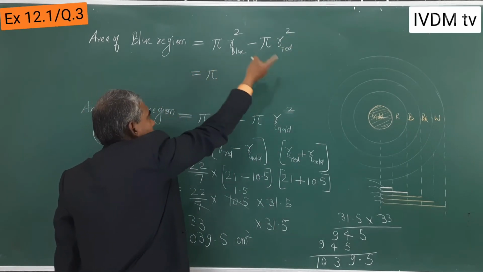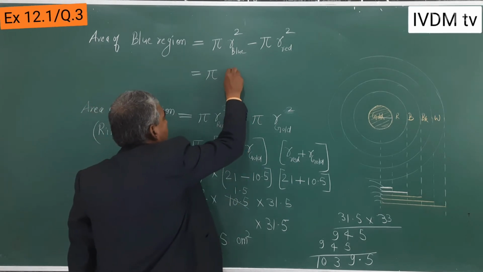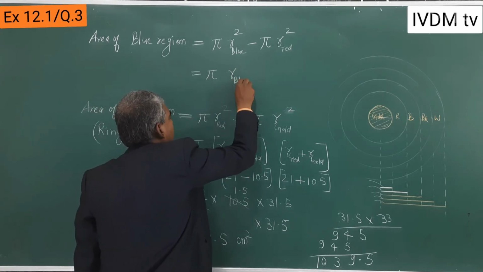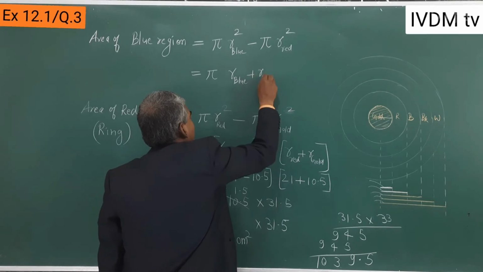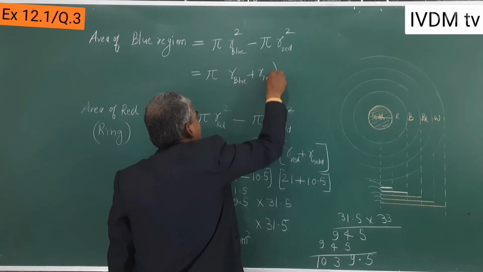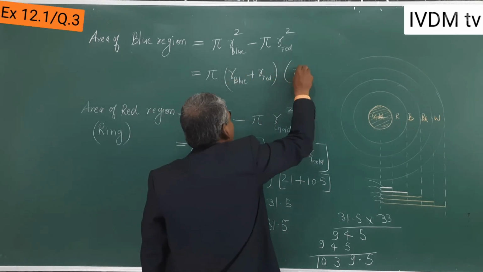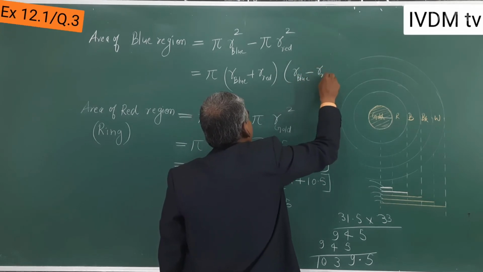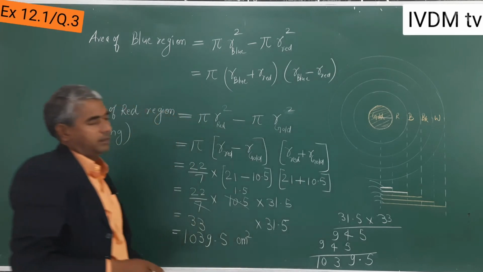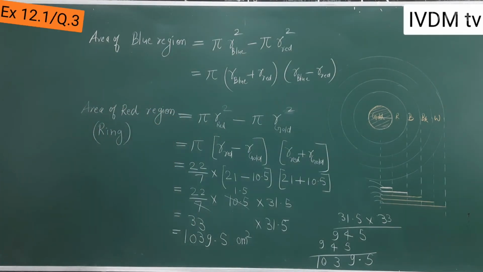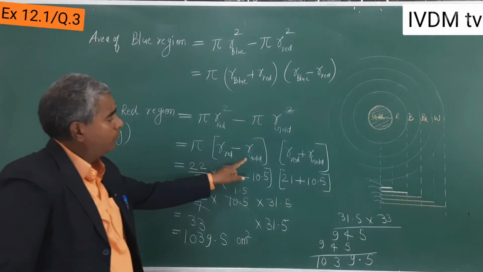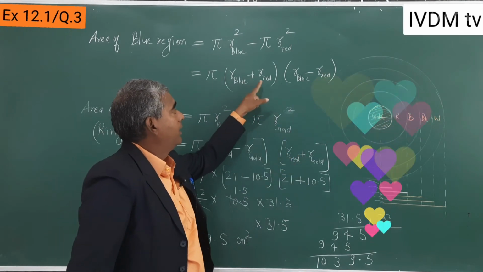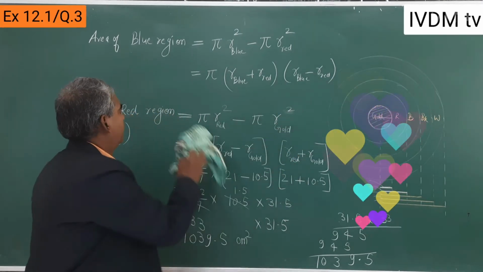Take pi common, then a square minus b square: r blue plus r red multiply r blue minus r red, just as I have done here. Here red and gold, here blue and red.